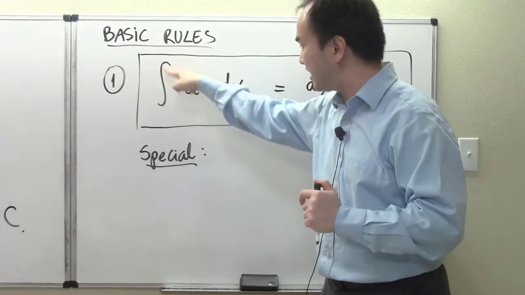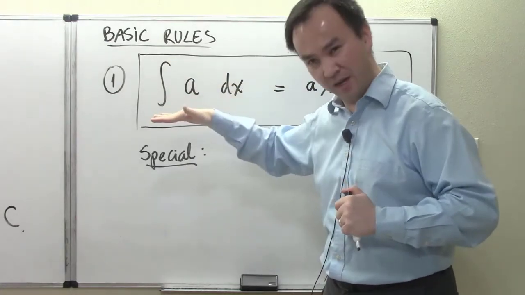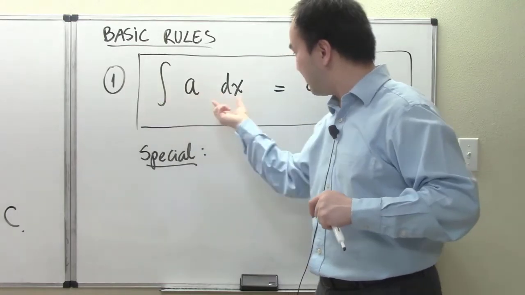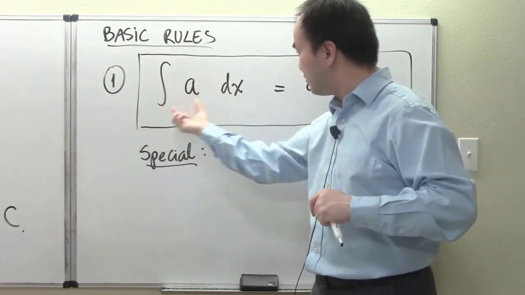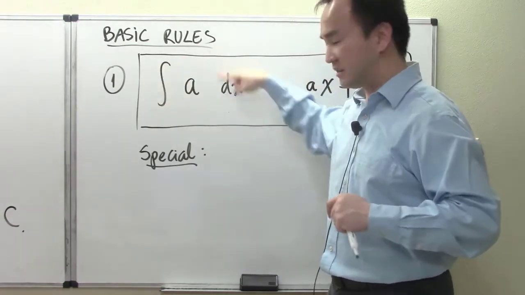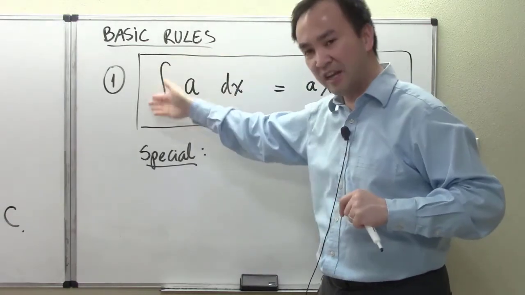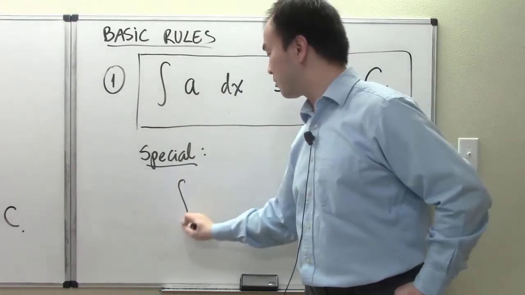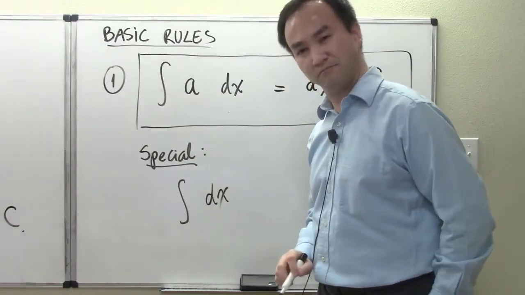I want my viewers and my students to see the 2 pieces of this symbol as one particular symbol to indicate finding the antiderivative. So there's one special case, when sometimes you see something like this.